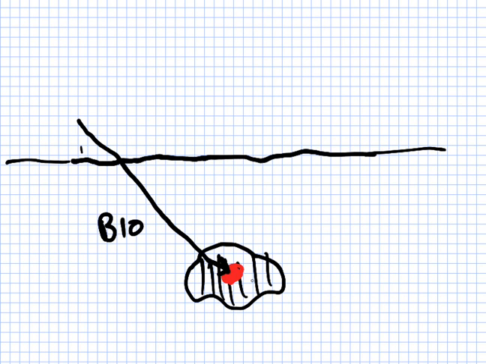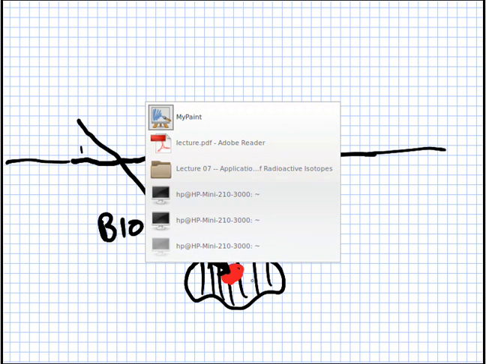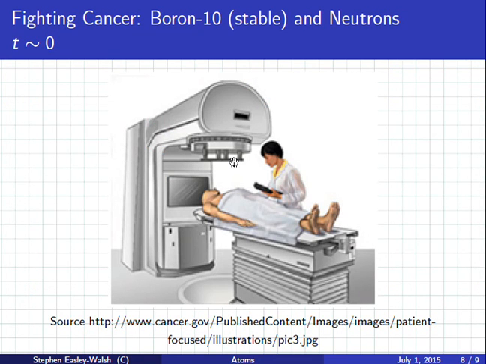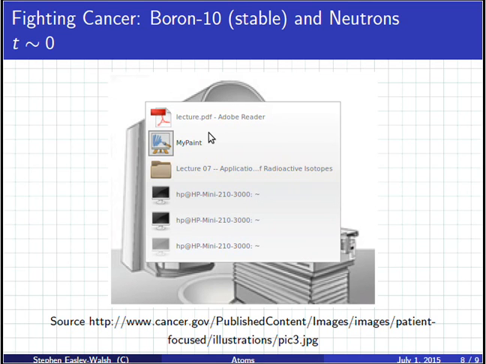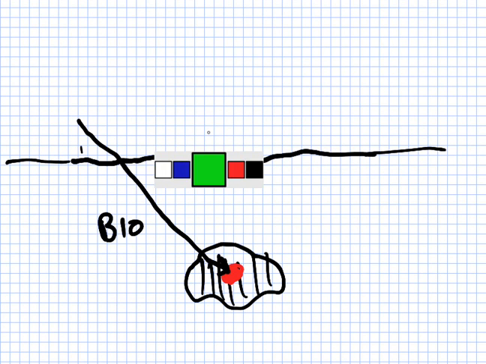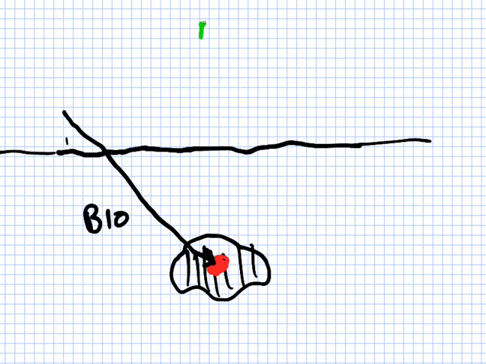Then they use a machine like this. I don't know if the machine looks like this, but it'll be something like this. It fires neutrons at the person. The neutrons go through the skin and hit the boron.